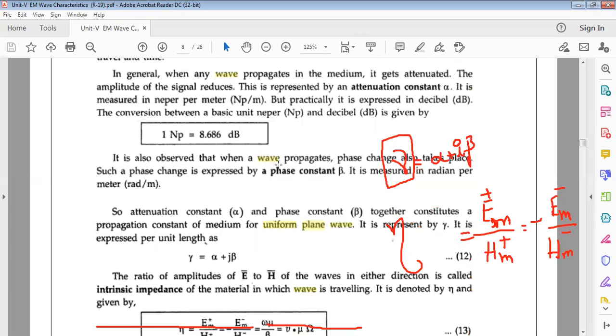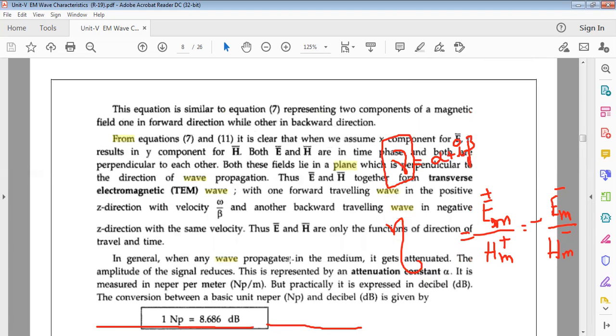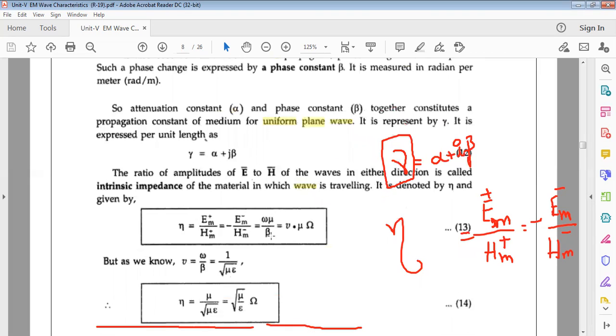The coefficient of HM plus here has beta by omega. See here, beta by omega. So omega mu by beta; omega by beta is V. And this is V into mu.